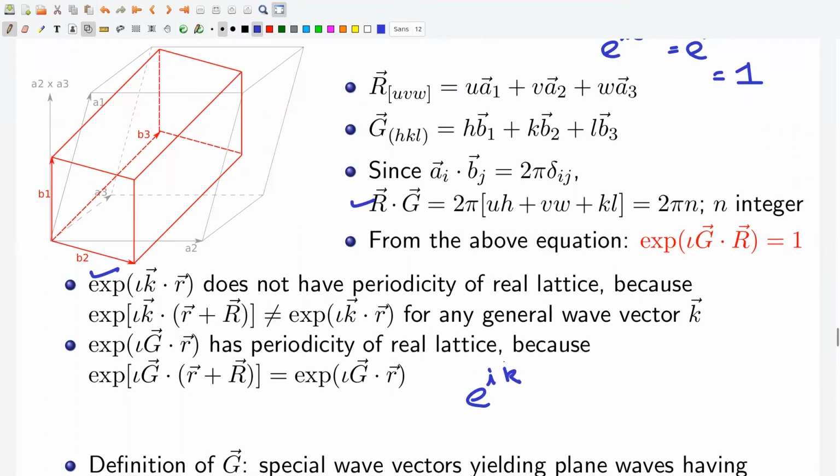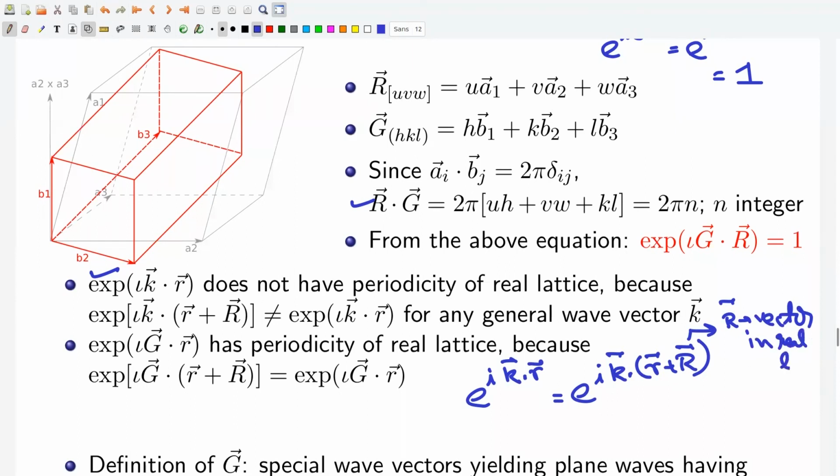For it to have the periodicity of the real lattice, what we need is that e to the power i k dot r is equal to e to the power i k dot (r plus R), where R is a vector in the real lattice.